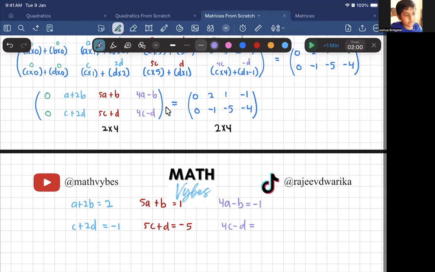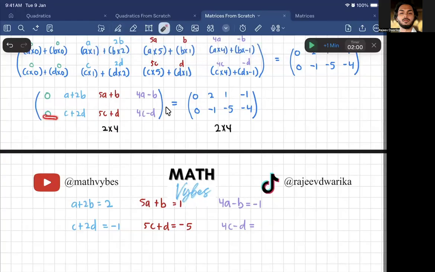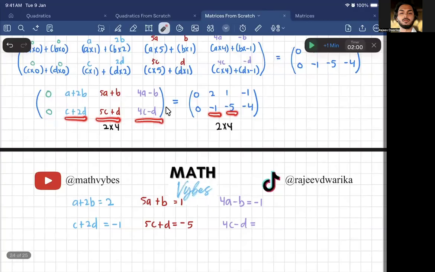Negative 5 minus 4. Nah. Watch. So the 0 and 0 there, the C plus 2D and the minus 1, 5C plus D and minus 5, 4C minus D is what? Negative 4. Yeah.